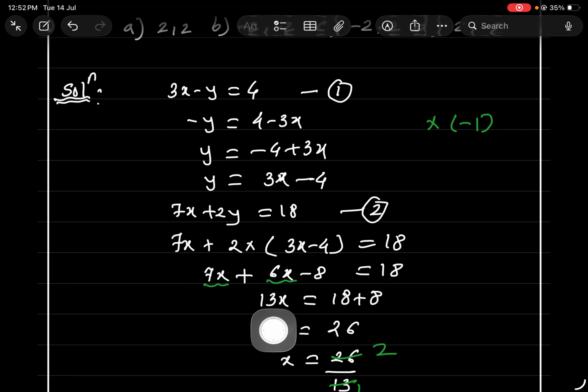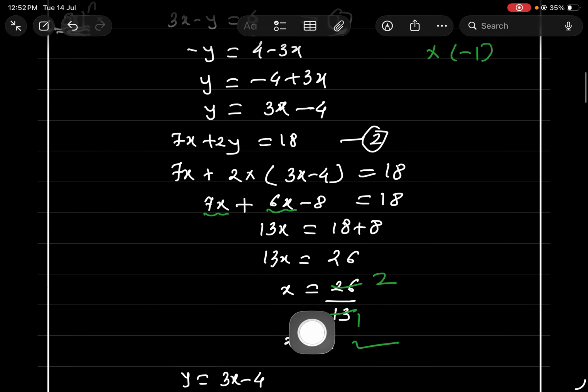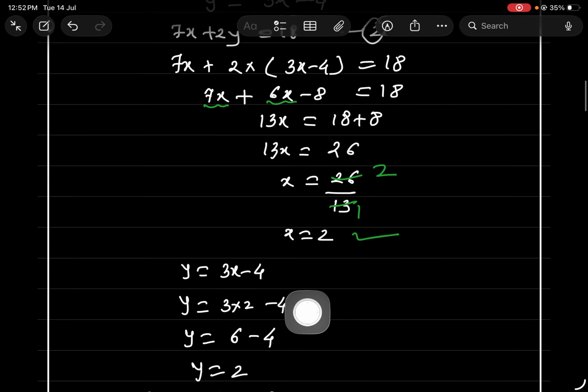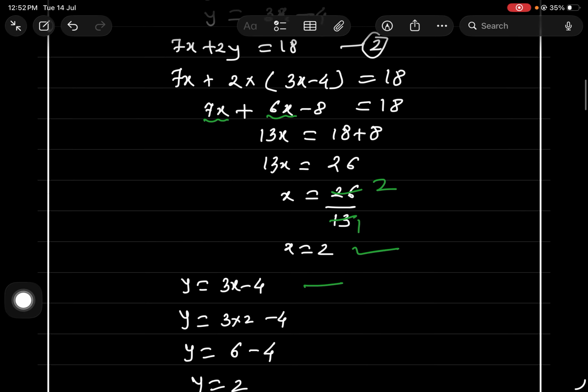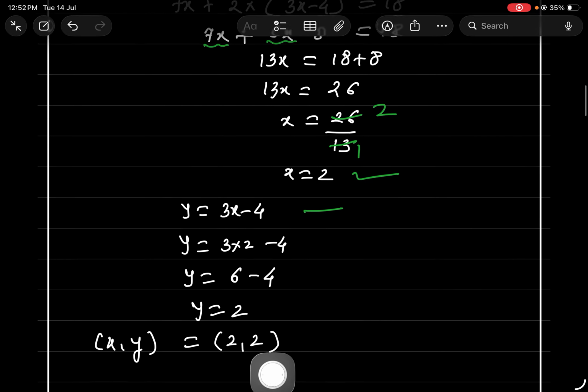Addition of 7x and 6x means 13x. Transposing minus 8 to this side, 18 plus 8 is 26, so 13x equal to 26, x equal to 26 upon 13, which means 2. Now this x value we use to find y. Y equal to 3 into 2 minus 4, 6 minus 4, so y equal to 2.